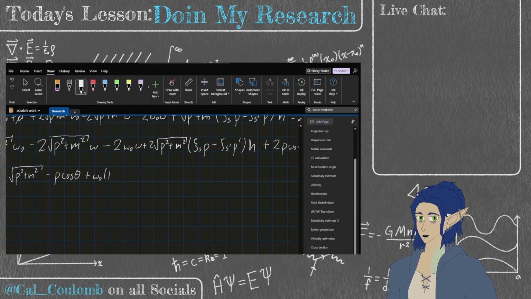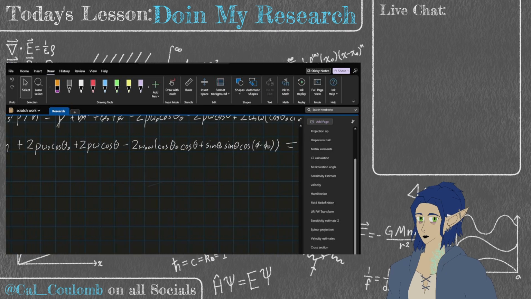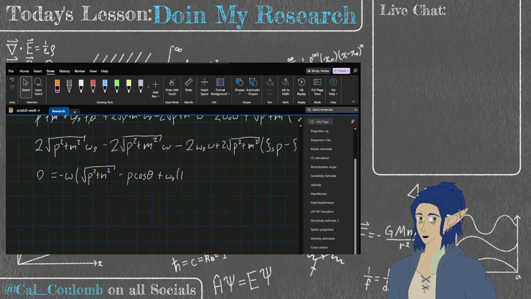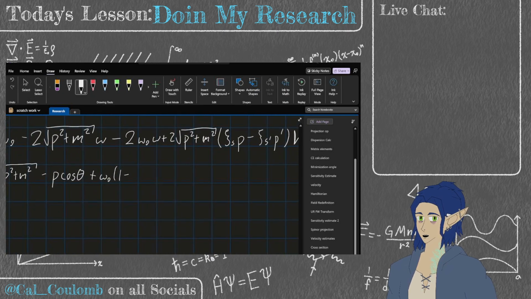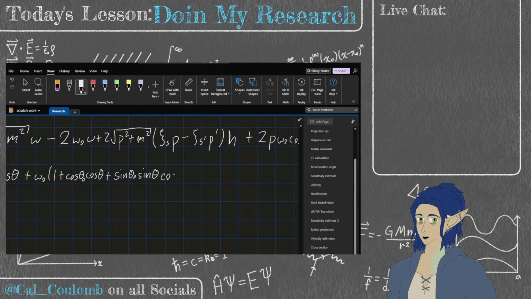So we have 1 coming from here, and then we have this string of trig functions here. So that's plus cosine theta naught cosine theta, plus sine theta naught sine theta cosine of phi minus phi naught.